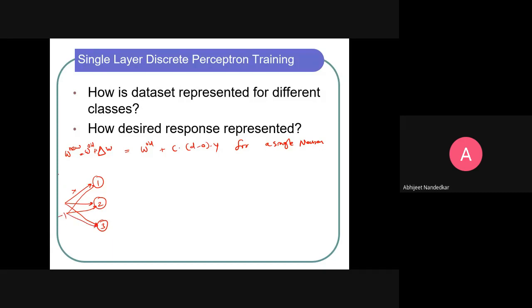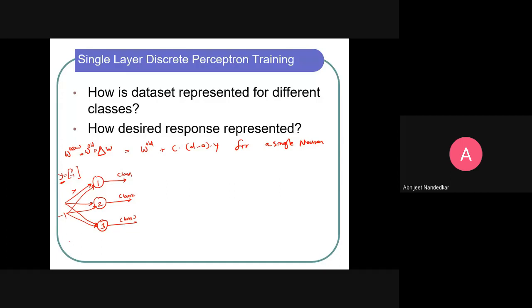So this y, equal to x and minus 1, is the input vector. Then node number 1 is responsible for class 1, node number 2 is responsible for class 2, node number 3 is responsible for class 3.